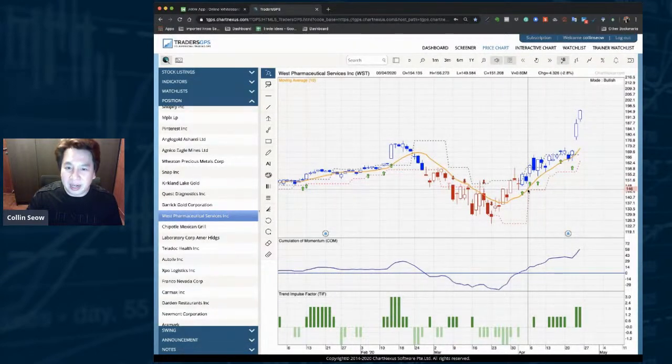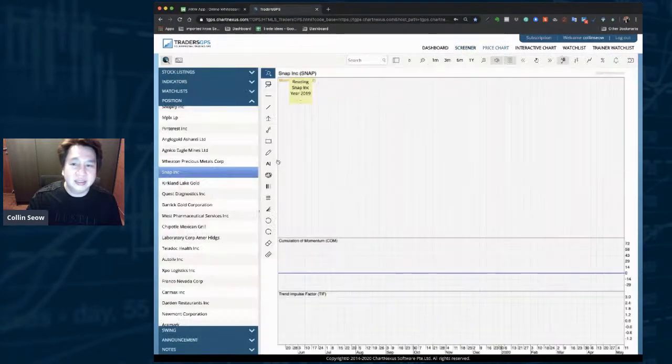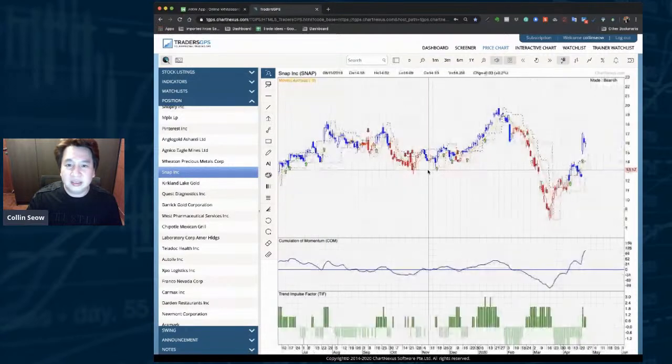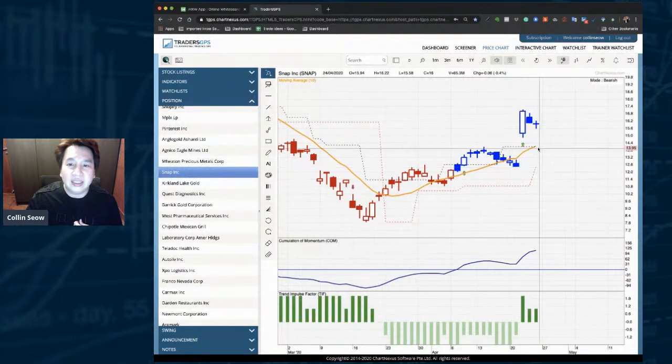But some of these also don't have teeth. Let me see. Snap has, I think. Like that. So why is it that this one has teeth, but this one also mode is bearish? Mode is bearish. Got it?